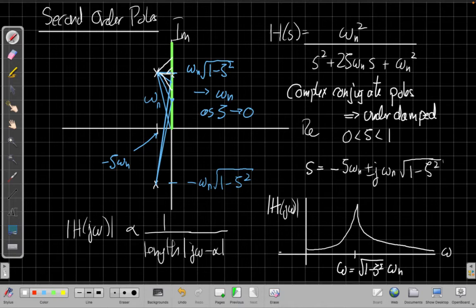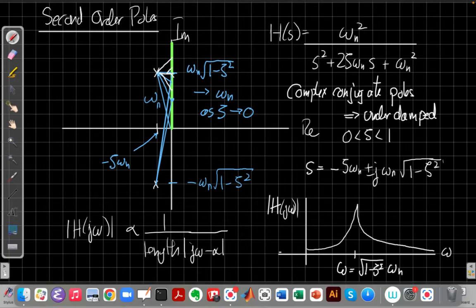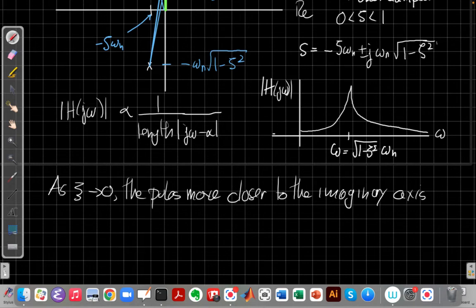So all the action is in a narrower and narrower range of frequency as the poles move in. In general, that's worth writing down: as ζ goes to 0, the poles move closer to the imaginary axis, and as a result, the peaks in the frequency response, like I've shown here, get tighter and sharper.